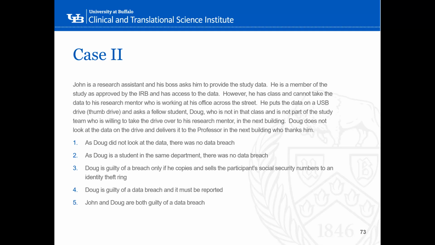He puts the data on a USB drive or thumb drive and asks a fellow student, Doug, who is not in that class and is not part of the study, who is willing to take the drive to his research mentor in the next building. Doug does not look at the data on the drive and delivers it to the professor in the next building, who thanks him.